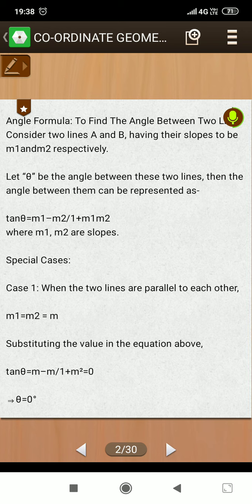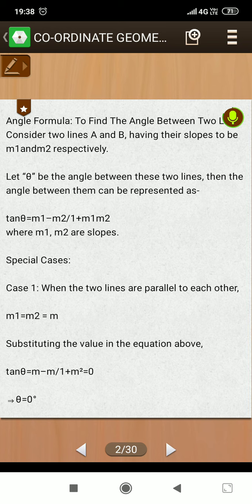And also here are some special cases we can discuss. When two lines are parallel to each other, m1 equals m2 equals m, their slopes must be equal. Substituting the value in the above equation, tan theta equals the difference of the slopes, which is 0 here, because the difference of a number with itself gives 0.